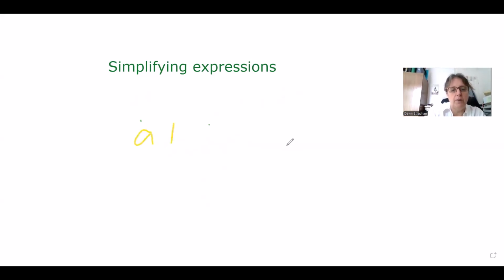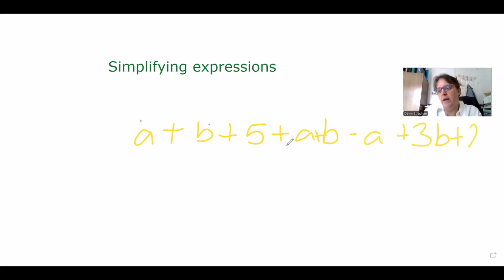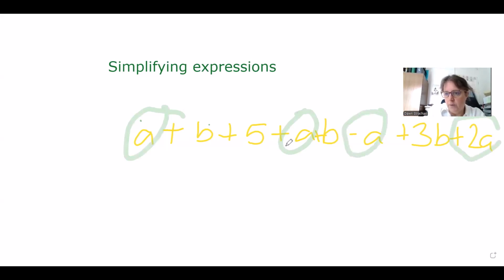You might have A plus B plus 5 plus A plus B minus A plus 3B plus 2A, for example. But again, all I would need to do is grab my highlighter and highlight the different colors. So I've got A plus A minus A plus 2A.